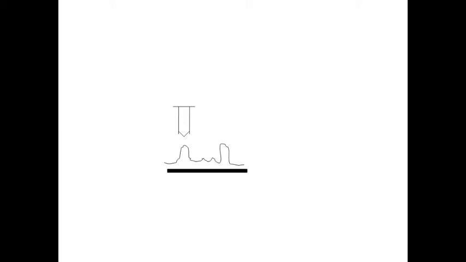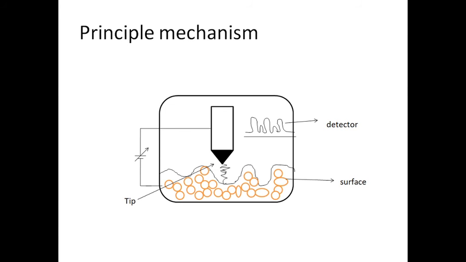Okay, now see the principle mechanism of scanning tunneling electron microscopy. I show you, see here, this is a sample surface, this is a tip, and this tip and sample are joined by a voltage, and continuous current flows.